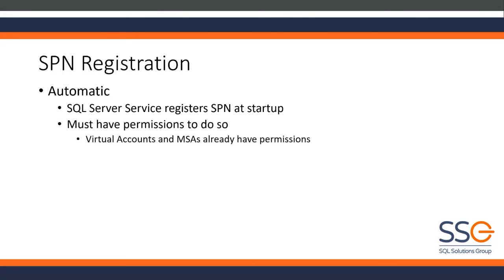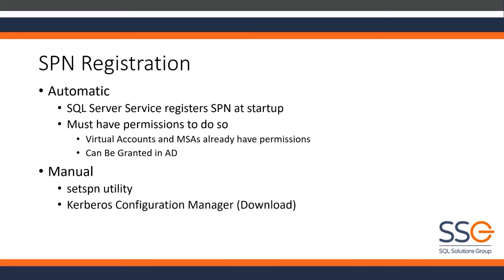Virtual accounts and managed service accounts already have the permissions they need to create SPNs. So that's one of the benefits of those. But if you switch to a domain account that does not have that permission in Active Directory, which we'll look at, it will not be able to register the SPN, and you will have to register the SPN manually, which you can do using a utility called setSPN.